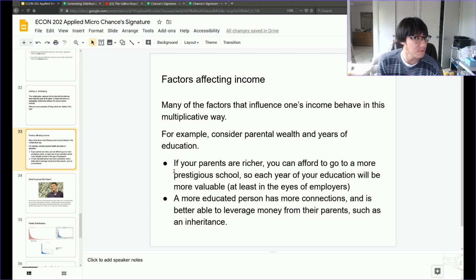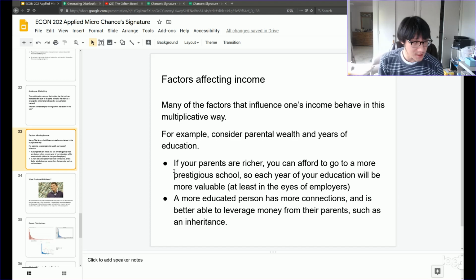Obviously, if you have more education, let's say a bachelor's degree instead of an associate's degree, you're more likely to earn more money. And if your parents are better off, you're also more likely to be better off yourself. But my point is that these two factors don't act on your income or your wealth completely independently. They have a certain synergy with each other. One can make the effect of the other stronger.